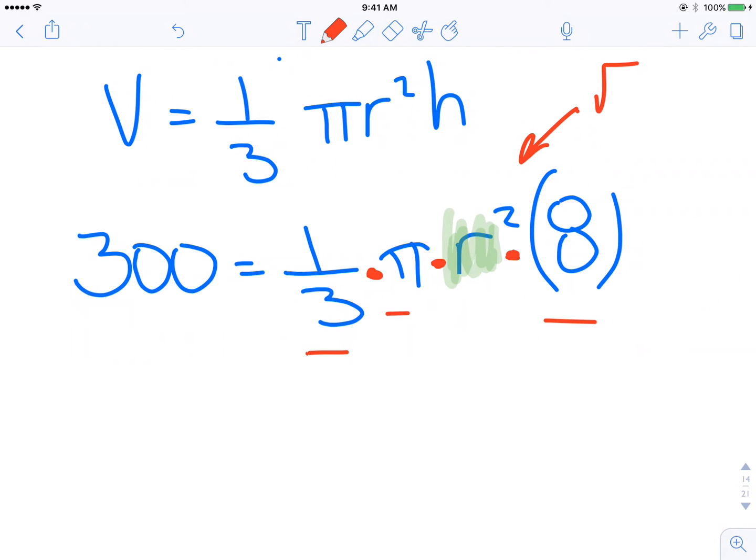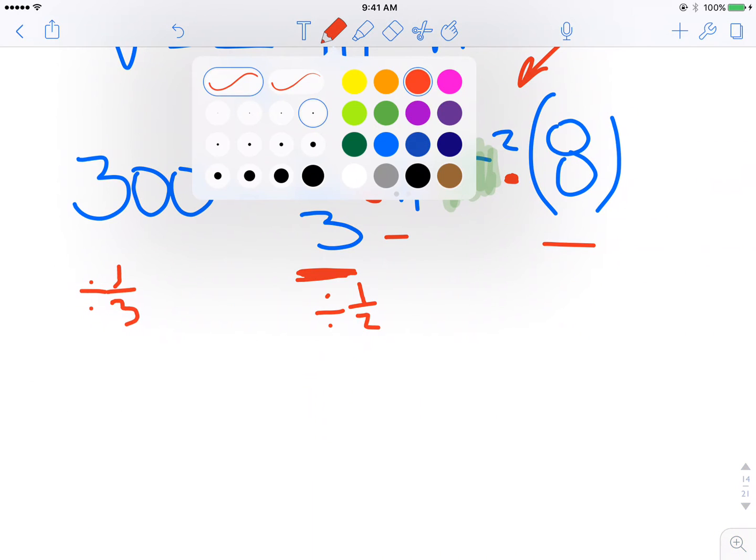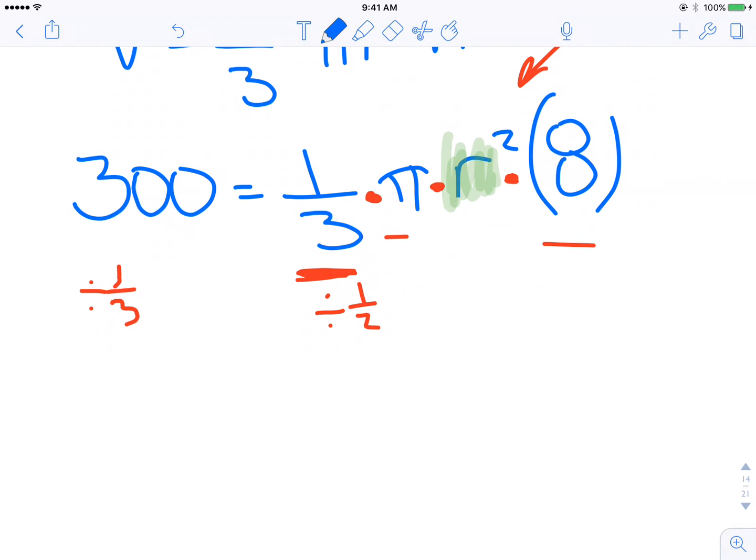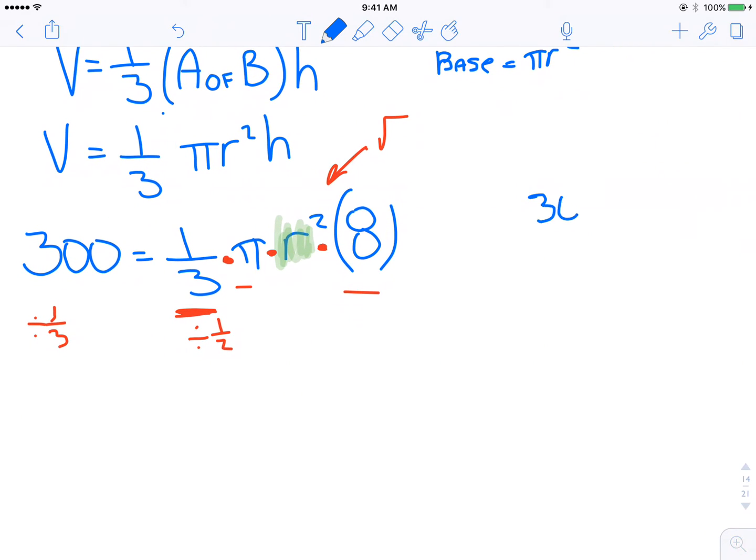So to get rid of this 1/3, it's 1/3 times this, I divide by 1/3. So I go 300. And because I divide by 1/3 there, I divide by 1/3 on the other side. So that would be 300 divided by 1/3.